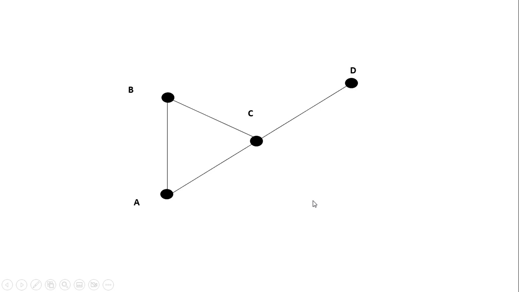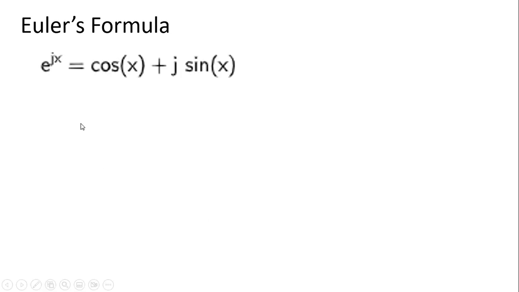Alright, so the next one is Euler's formula. It says that e to the jx equals cosine x plus j sine x. So look at this equation a little bit more.